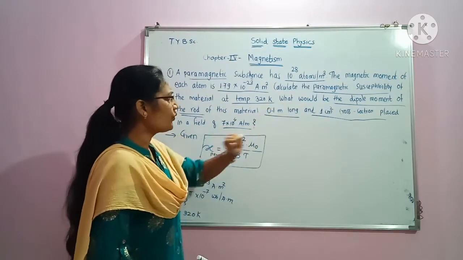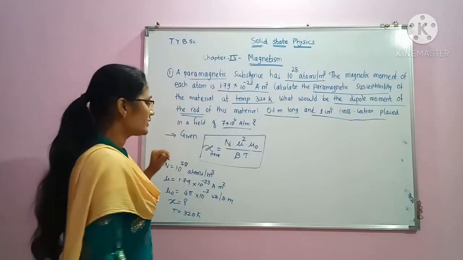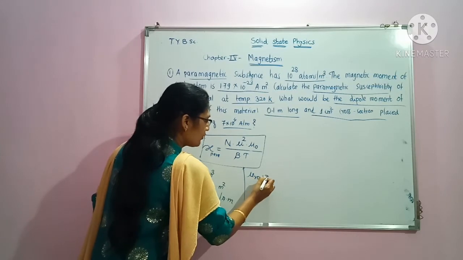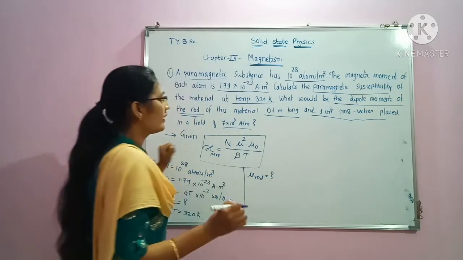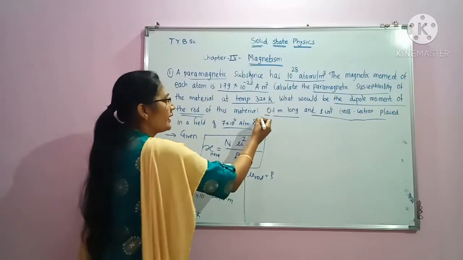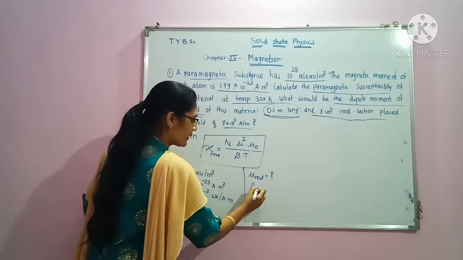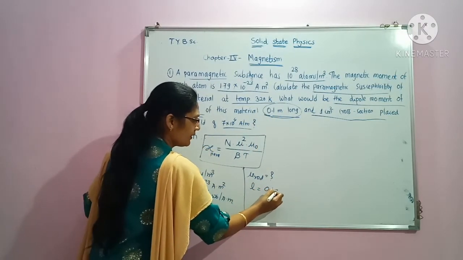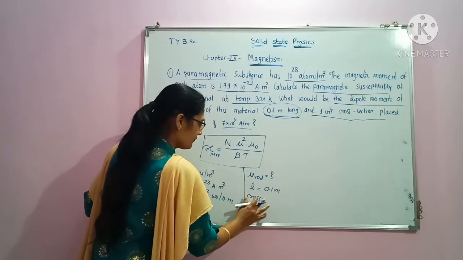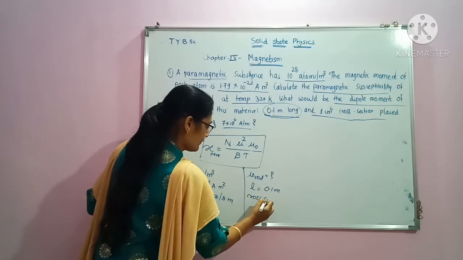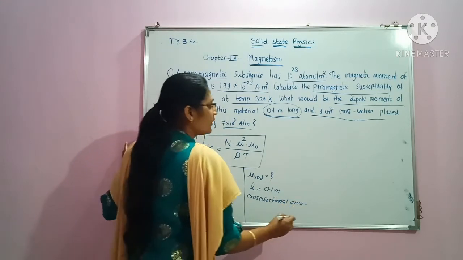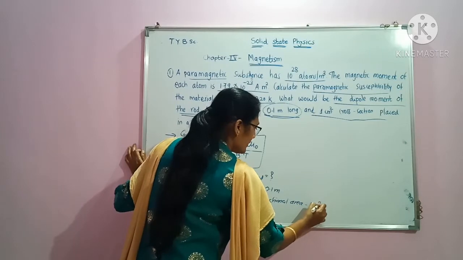Also, what would be the dipole moment of the rod of this material? It means that for that rod, we have to identify the dipole moment. And the dimensions of the rod are given. Its length is 0.1 meter, and the cross-sectional area of the rod is given as 1 centimeter square.